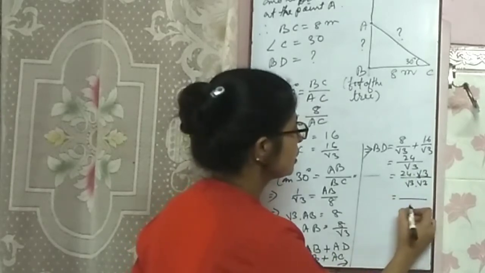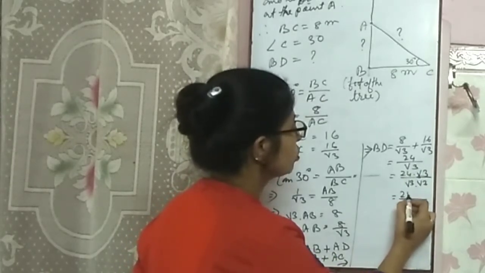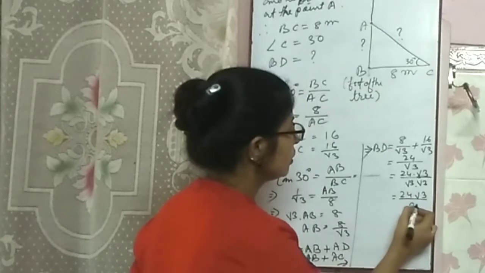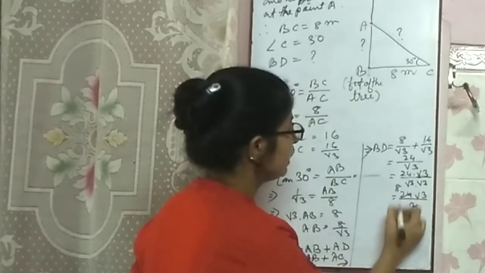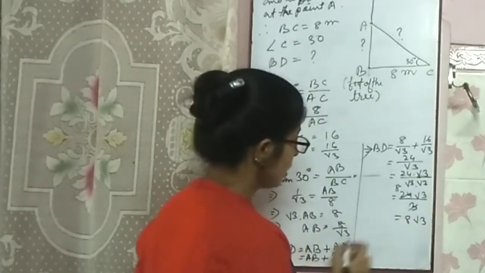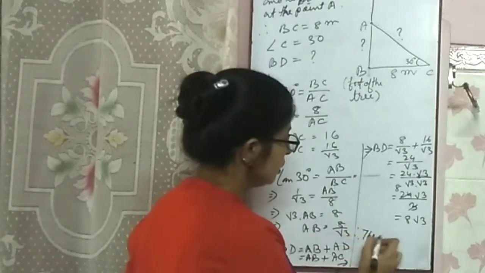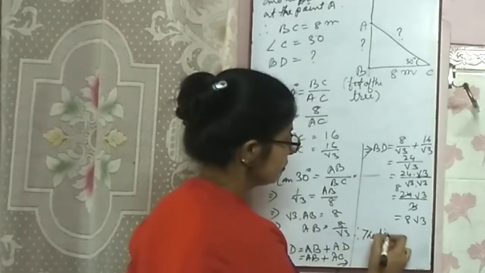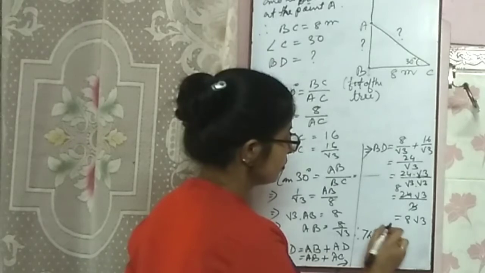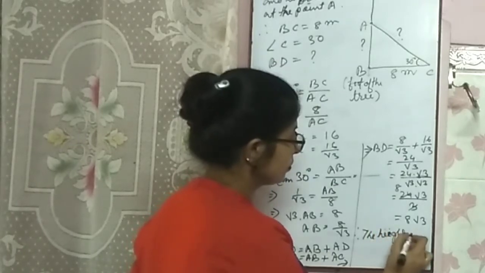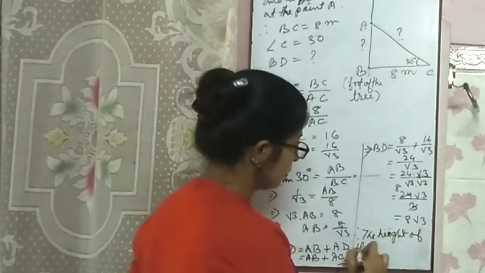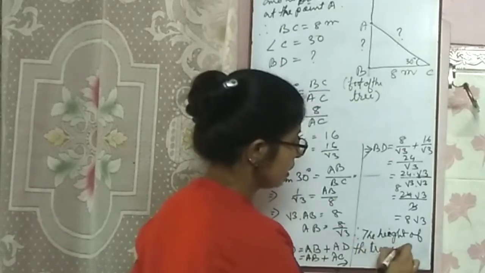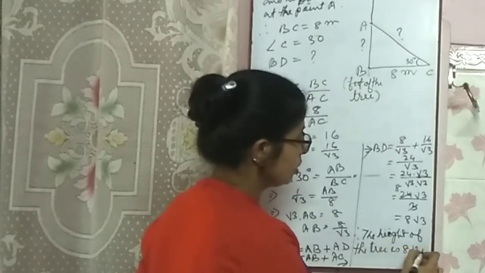So here it is 3, 24 root 3, 8, so 8 root 3. Therefore, the height of the tree is 8 root 3 meter.